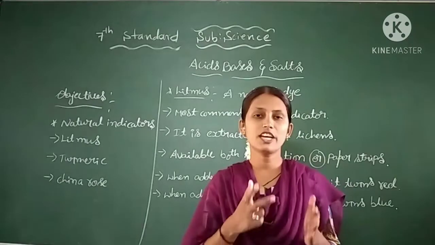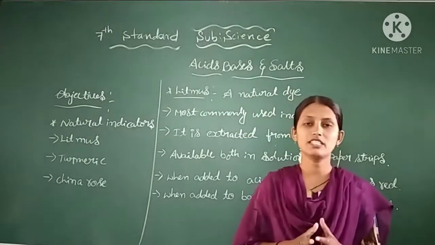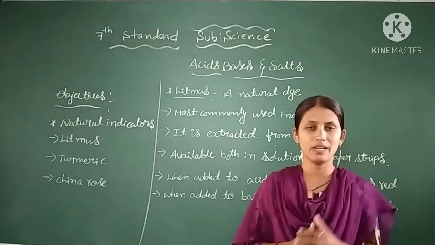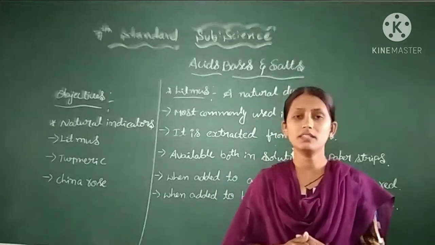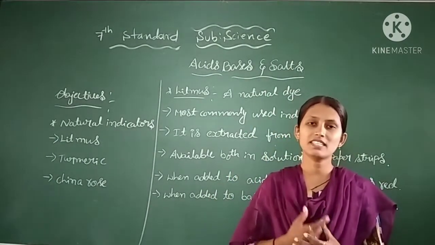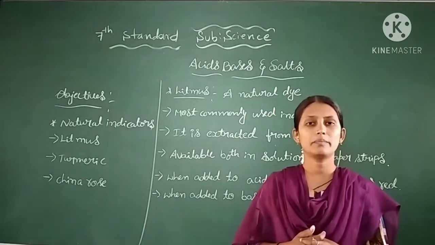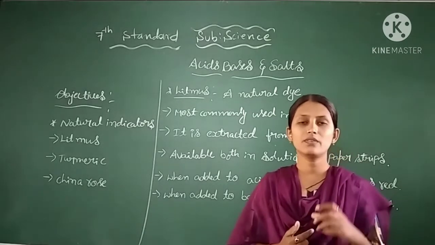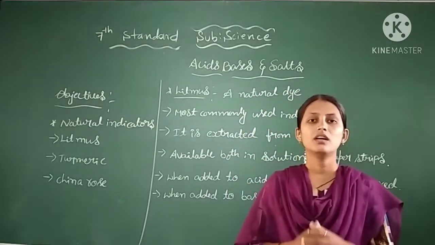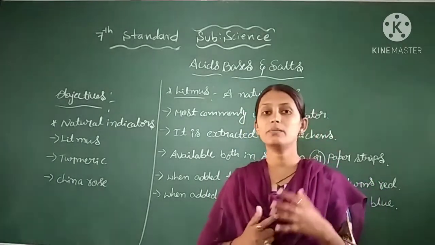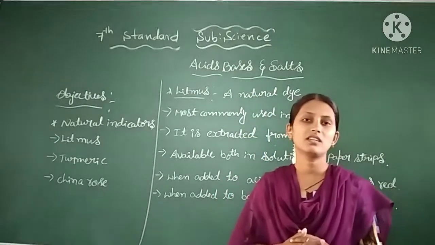We also discussed examples of these substances. Later we discussed bases. Bases taste bitter, and when mixed with water they are soapy to touch. We also discussed examples of bases.